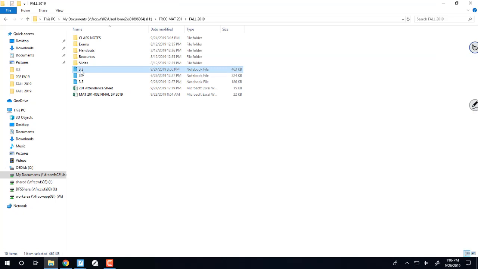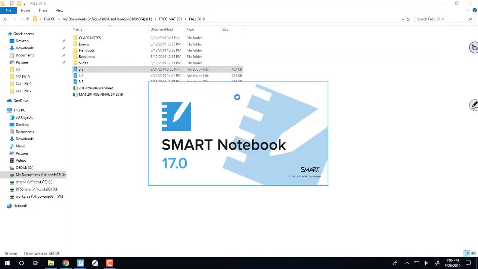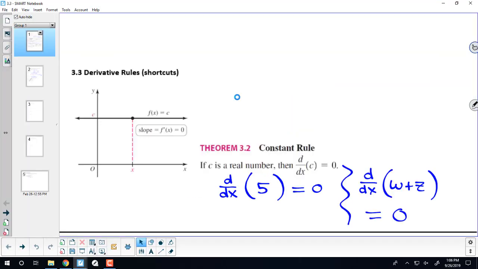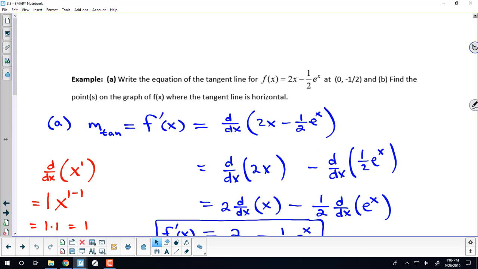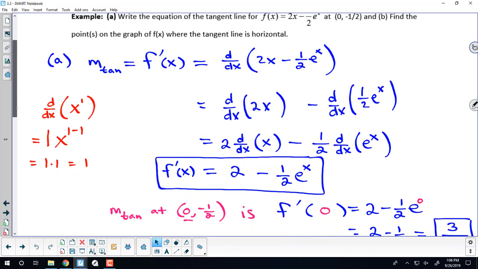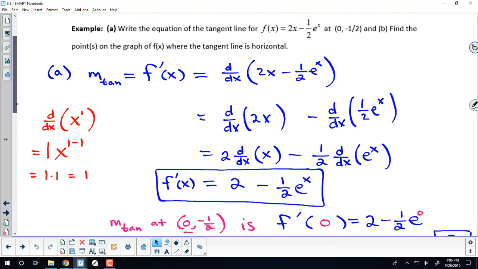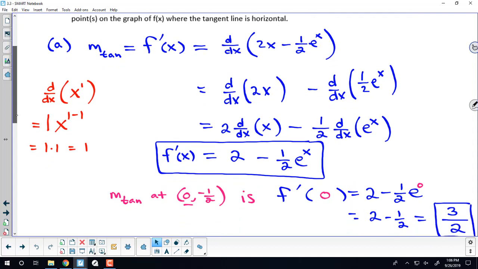So we left off in section 3.3. The particular example we were working on had us find the equation of the tangent line to the function 2x minus 1/2 e to the x at the point 0, negative 1/2, which we did. Then we want to find the point or points on f of x where the tangent line is horizontal.